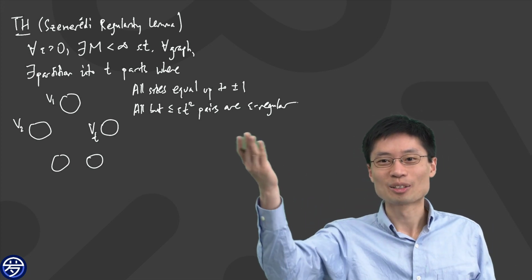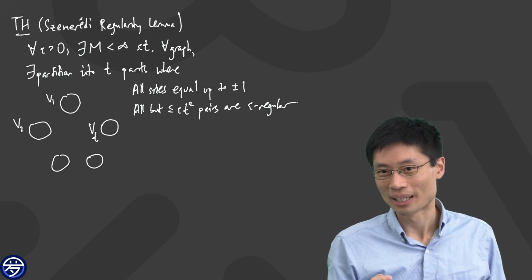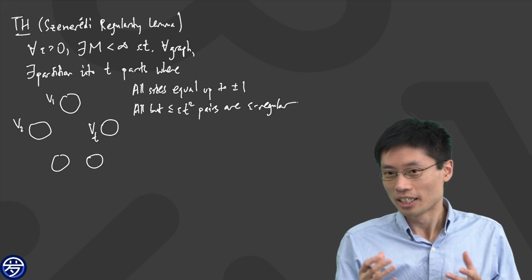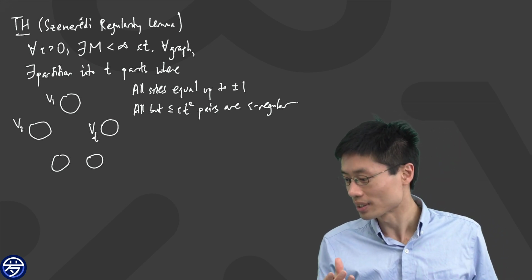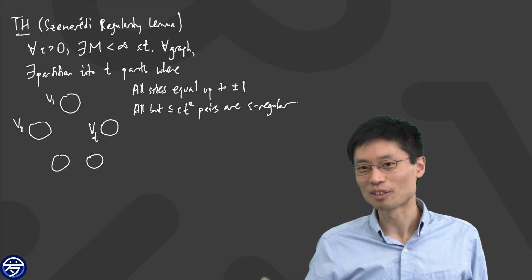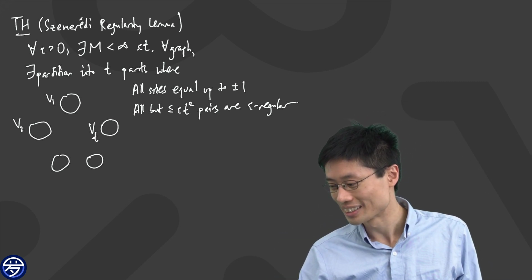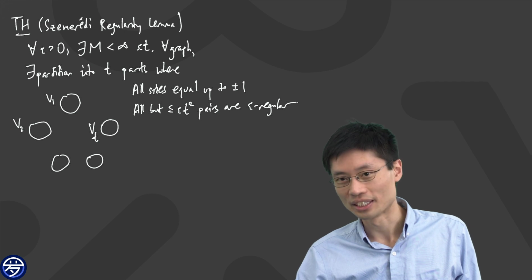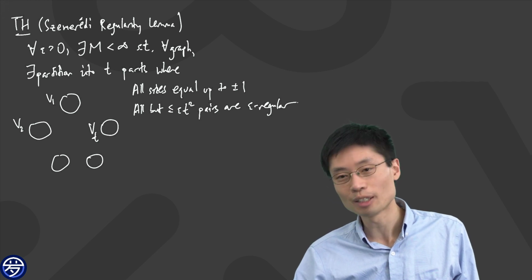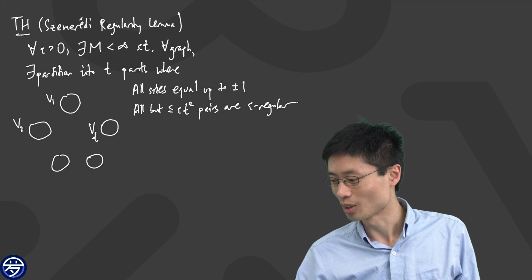So all but epsilon times t squared pairs are epsilon regular. And now there's also another important condition. Can anyone, I just want to see if people are following or remember some of this. Like, what's the other important condition? Right now, the statement I wrote is trivial to prove. Completely trivial to prove.